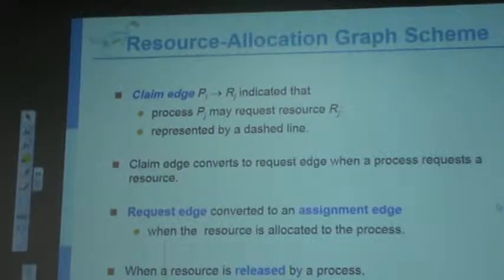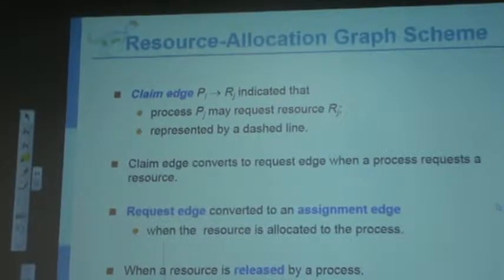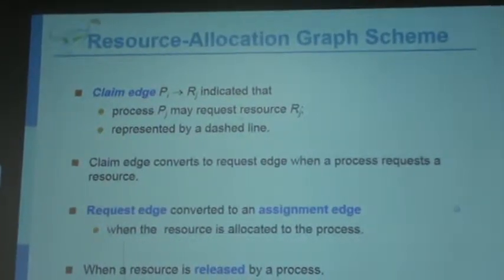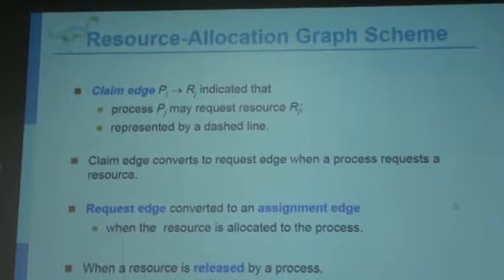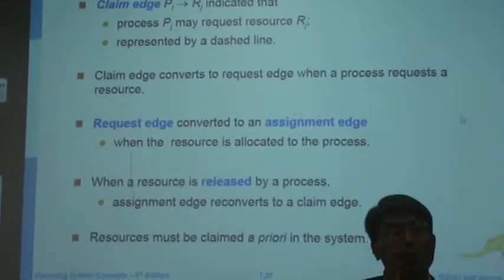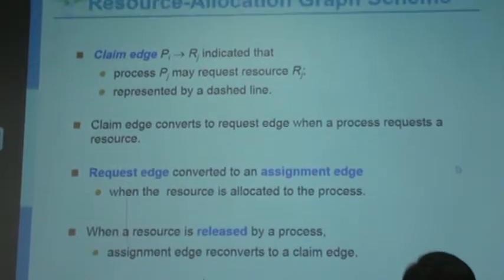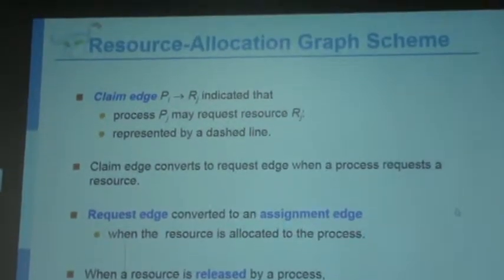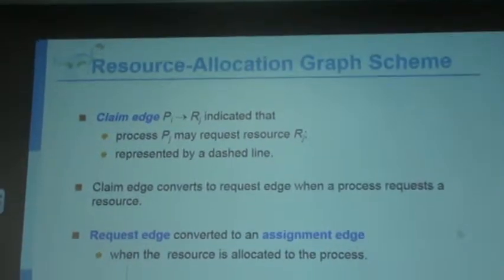So in the resource allocation graph, we are going to add one more edge, that is claim edge. Claim is the request. When a process requests something, the operating system checks whether the request may cause the unsafe state or not.